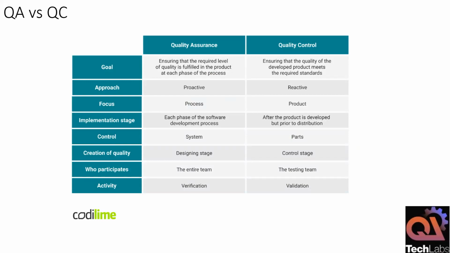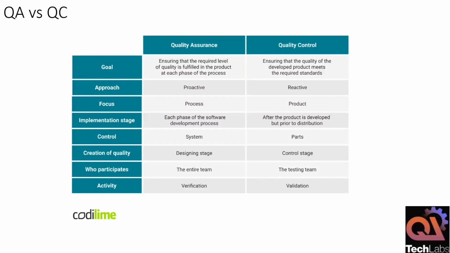Okay, quality assurance means you are telling the school children to form a queue and go to the playground. That is assurance. That is defining the process, defining the order. Now, when the school children line up and go to the playground, you are ensuring that whatever has been defined is being followed.